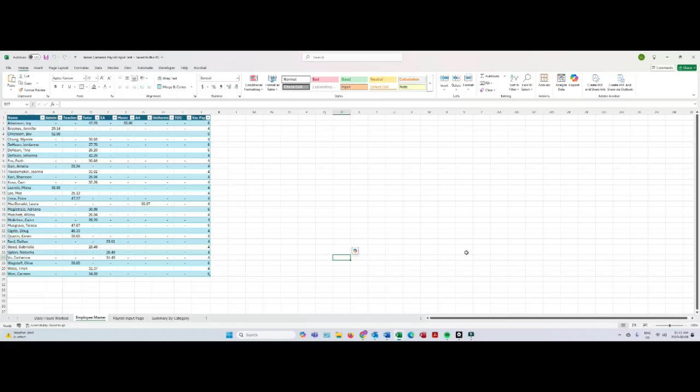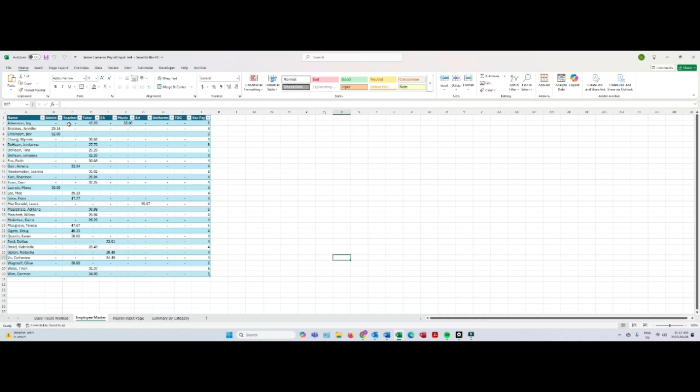Okay, so here is the start of the customized worksheet for employees that work at different positions and different rates. So here is the table that has the employee names, and across the top we have different types of jobs that they work, as well as a vacation pay column for the customized vacation pay that they receive.